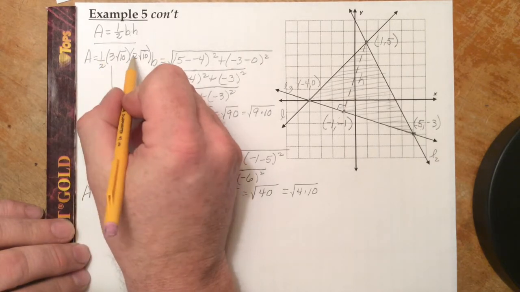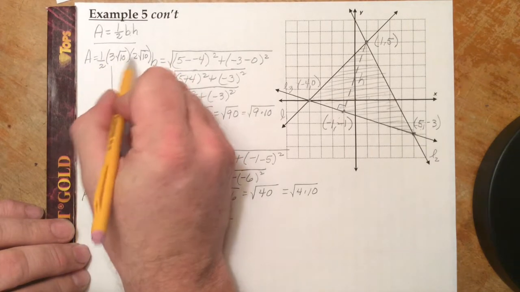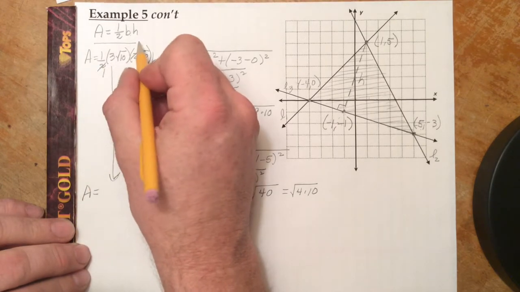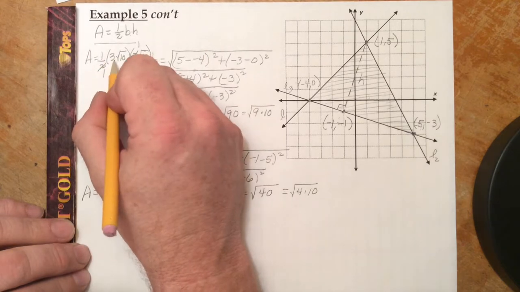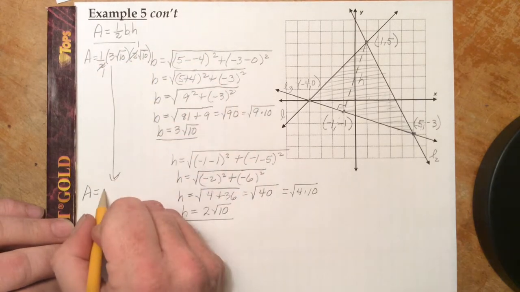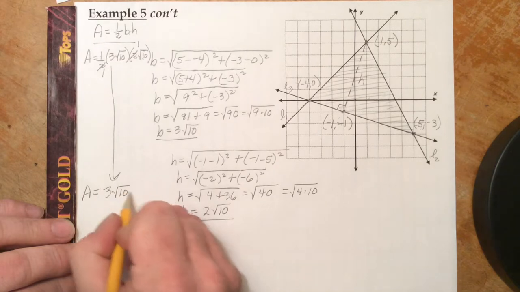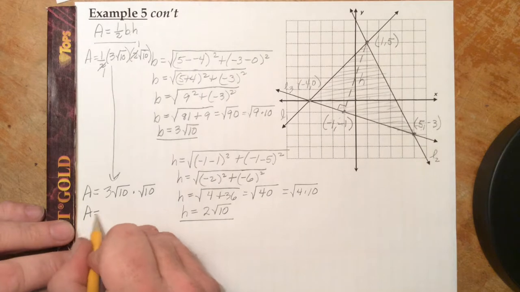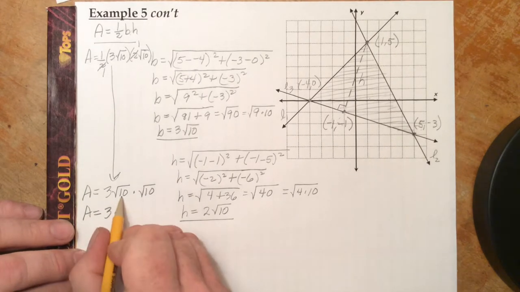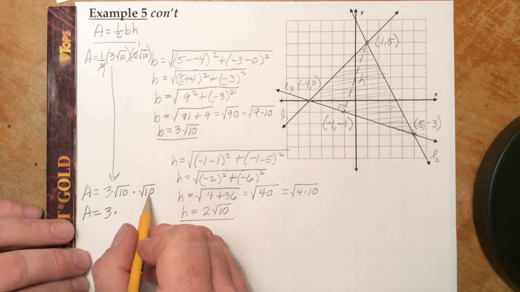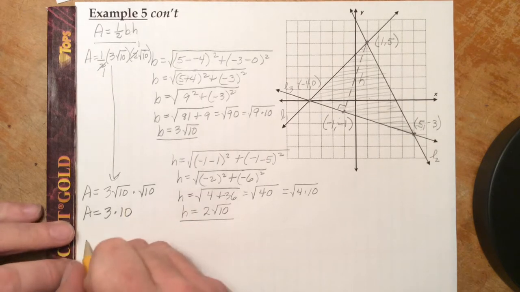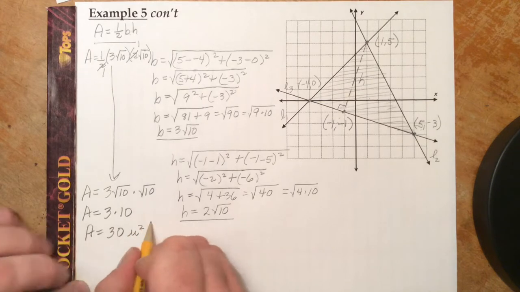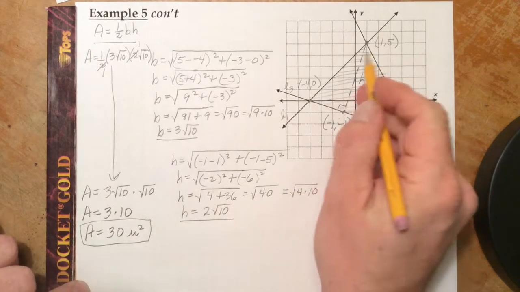The 2 here and the 2 here are both rational, so we can divide those out. 2 goes into 2 once, 2 goes into 2 once, and now we have 1 times 3 root 10 times root 10. This is 3 times the square root of 10 times the square root of 10 is the square root of 100. Square root of 100 is 10, and so we get exactly 30 square units for the area of this triangle right here.